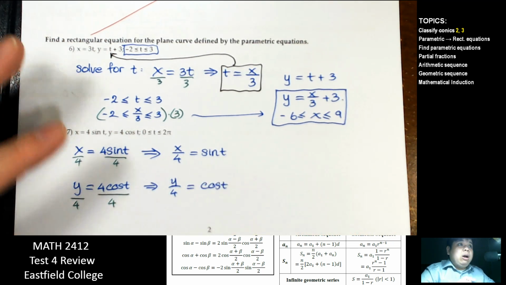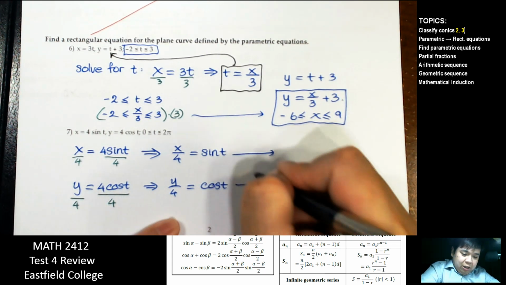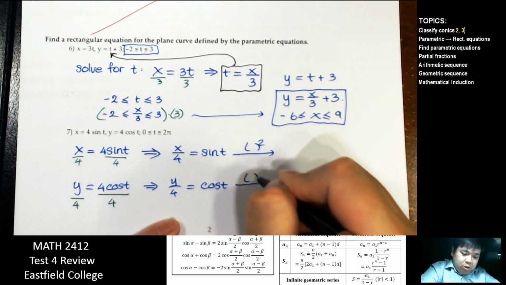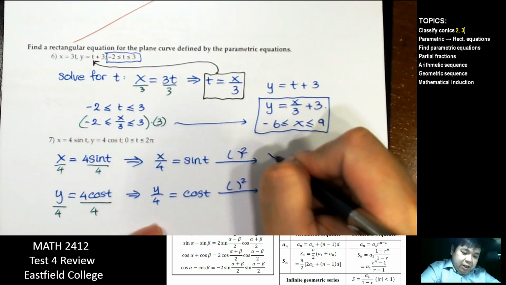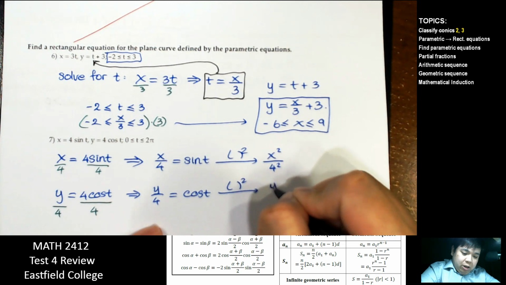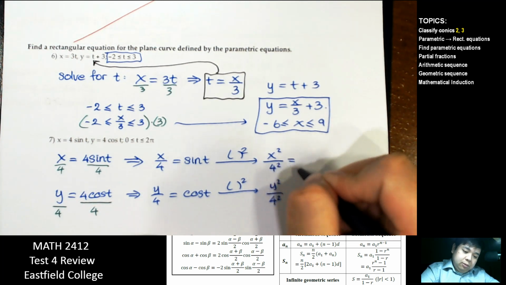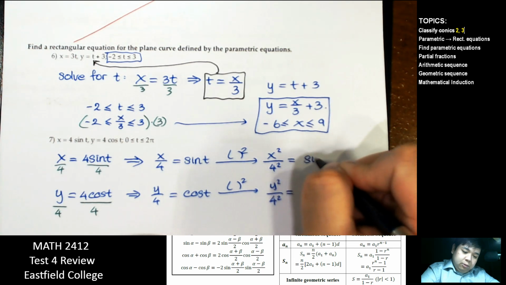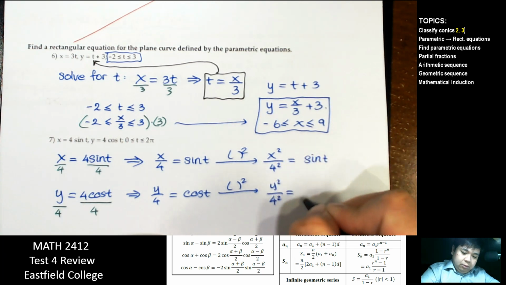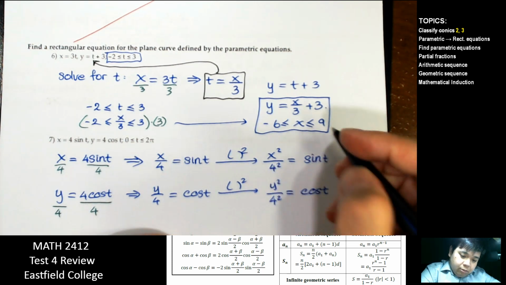Right, doesn't help much. However, if we square both sides, we have x squared over 4 squared, y squared over 4 squared, square, of course.